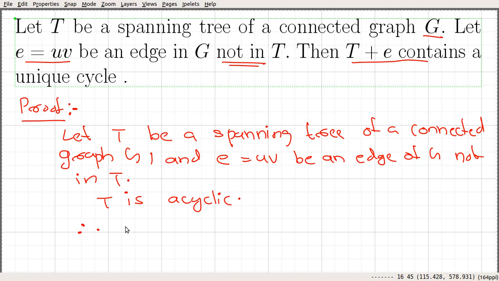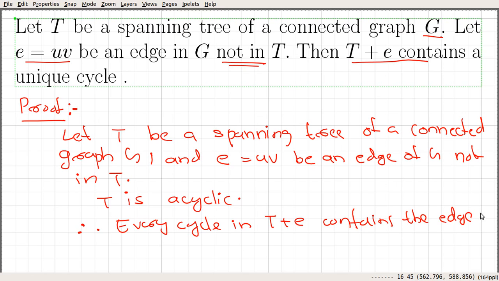Since T is acyclic, if you add this edge back to that spanning tree, then every cycle in T plus E contains the edge E. Then we have to prove that it is a unique one.